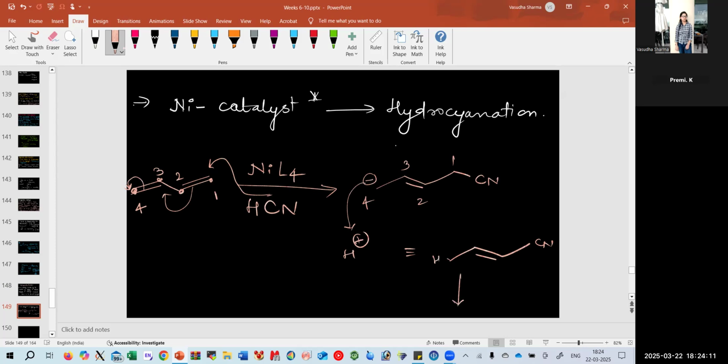Now again, we still have a double bond, as we mentioned that the substrates for this particular hydrocyanation are alkene, alkyne. Firstly, we have hydrocyanated one double bond. Now we have another double bond. So they will be treated with nickel catalyst in presence of HCN.